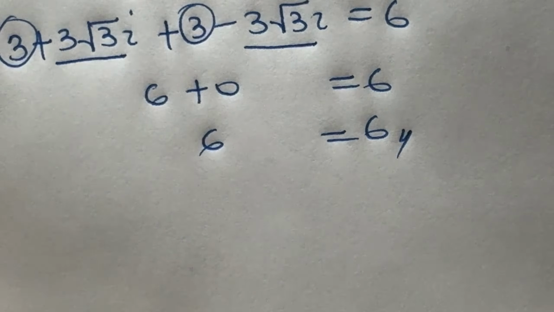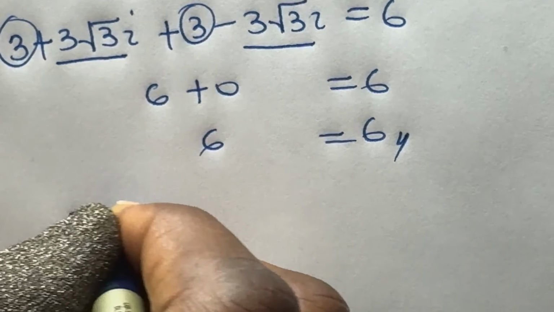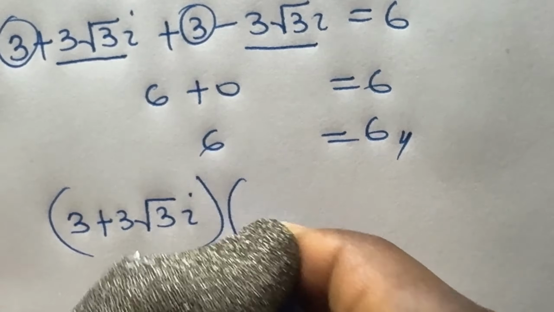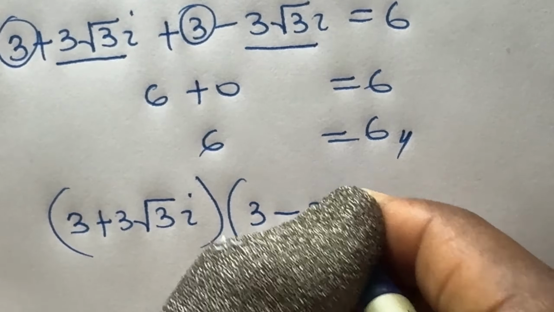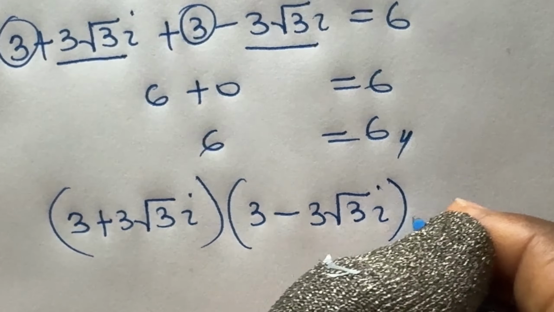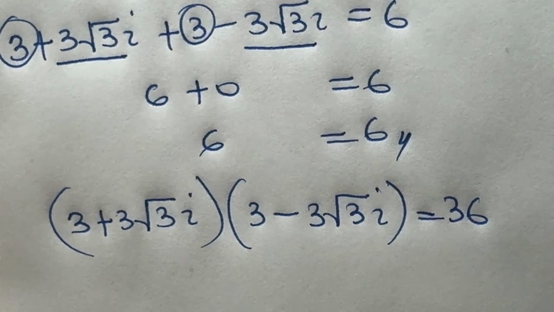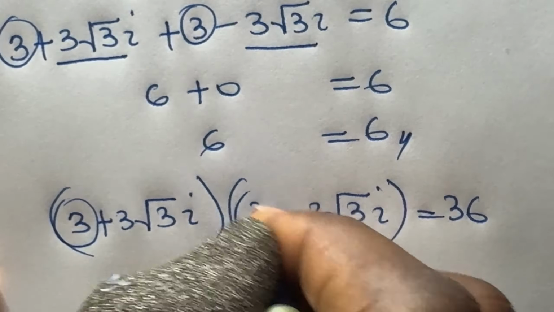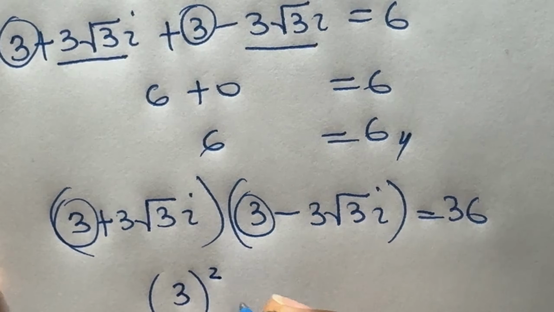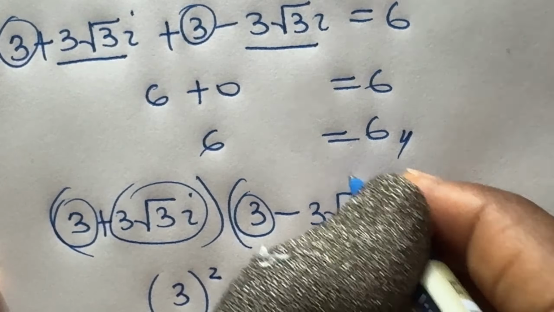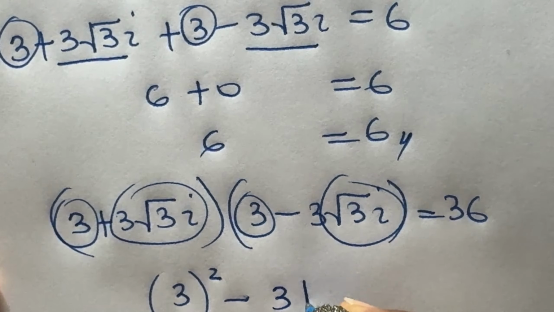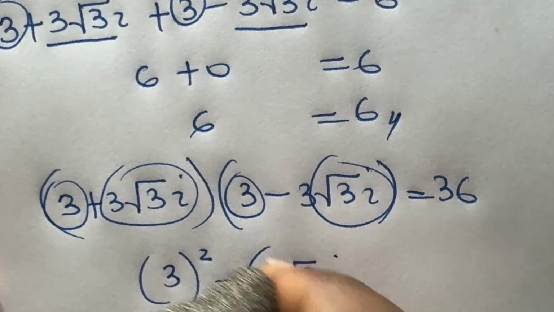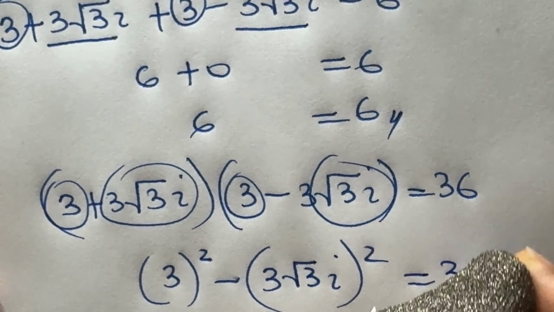xy is equal to 36. x is 3 plus 3 root 3i times 3 minus 3 root 3i should give us 36. This is difference of two squares, which is going to give us 3 squared minus 3 root 3i squared is equal to 36.